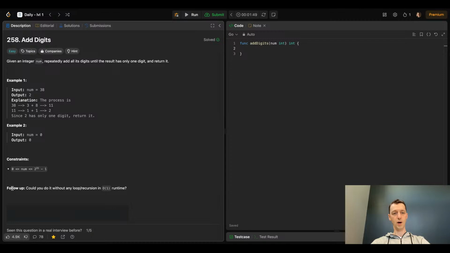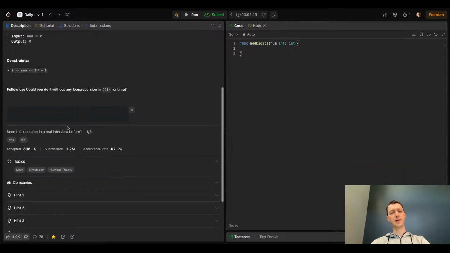And there is a follow-up. Could you do it without any loop or recursion, in constant runtime? I'm not sure I've done this iteratively, because I was interested in this constant time solution immediately.